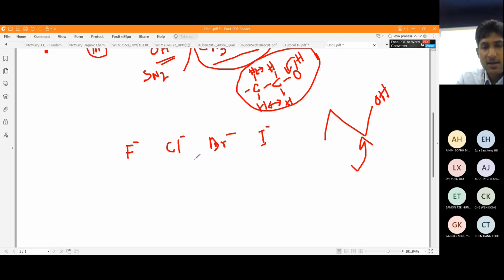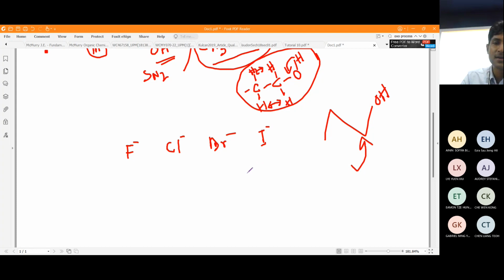Fluorine, chlorine, bromine, iodine we will be using in presence of a solvent. Of course, there will be a solvent. We have already seen from the class yesterday or the day before yesterday that polar protic solvent is very bad for SN2 reaction, right? Polar protic solvent will be very bad for SN2 type of reaction.